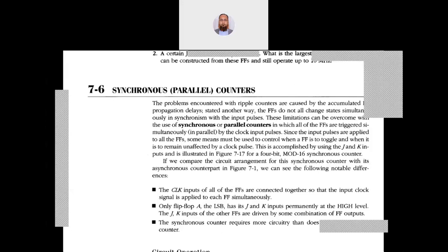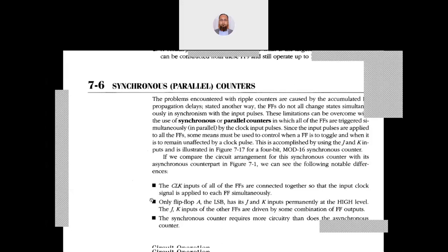Even if the input of the flip-flop changes, the state will change only when the clock comes. That's to be remembered. For this reason, as I told you in the previous class, a synchronous flip-flop requires more circuitry than the asynchronous flip-flop.